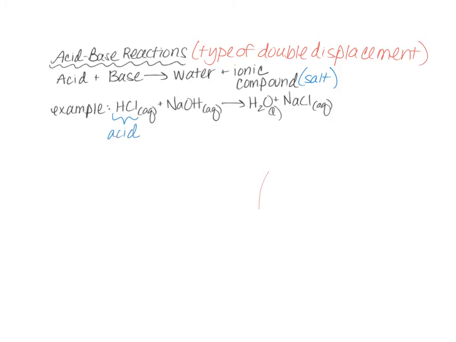Now, why is it an acid? It's an acid because it has a hydrogen in front that falls off or is donated or given off into the solution. So an acid contains a hydrogen, say one or more, at the beginning of the chemical formula.